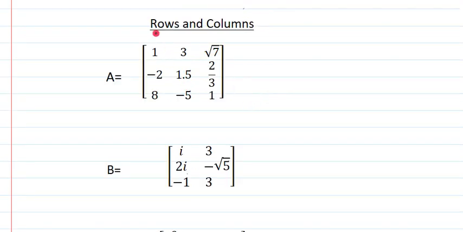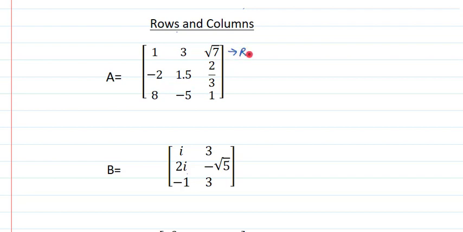Next, let us introduce rows and columns of a matrix. In a matrix, the horizontal lines of entries are called rows and vertical lines of entries are called columns. So here in matrix A, we are having 3 rows.